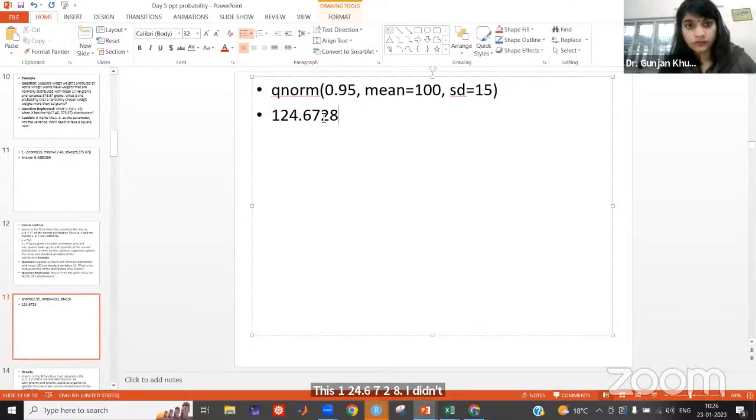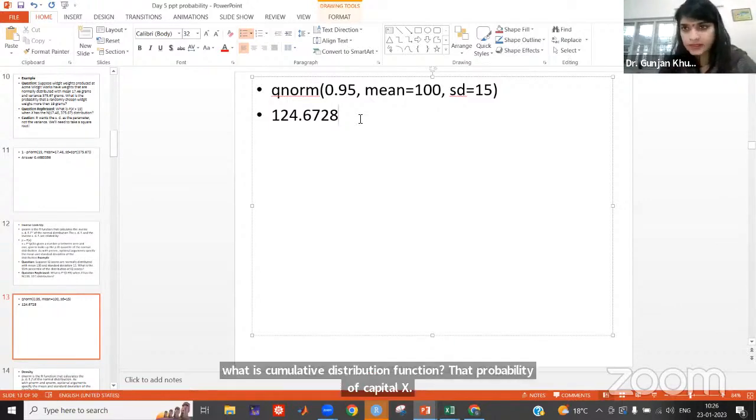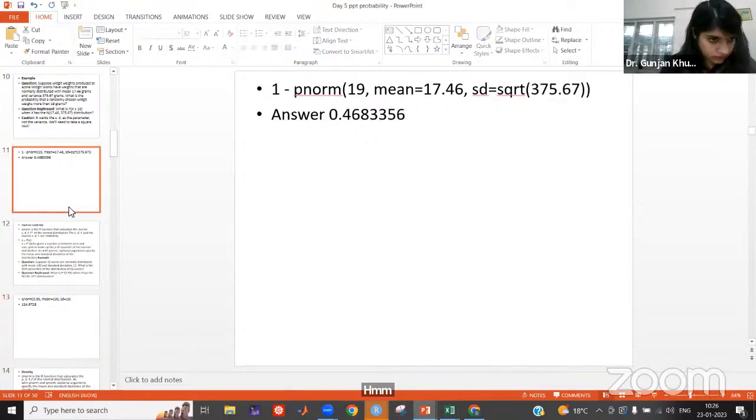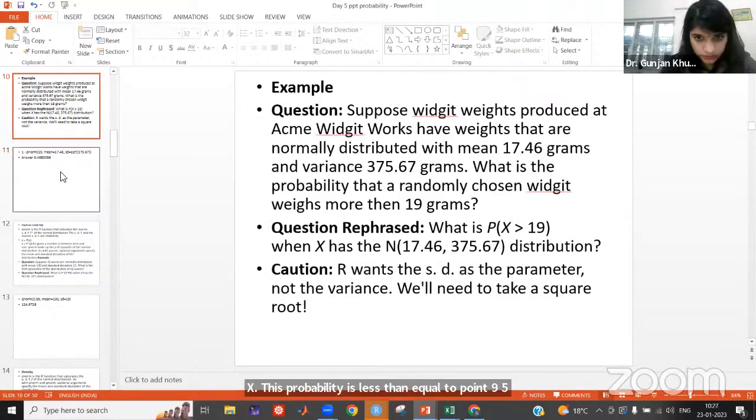What is the meaning of qnorm? qnorm is the inverse of the cumulative distribution function. Now, what is the cumulative distribution function? That is the probability of capital X less than or equal to x. So you have to think that way: for what values of capital X is this probability less than or equal to 0.95? Okay, so let me come on to the next. I've done this, right?